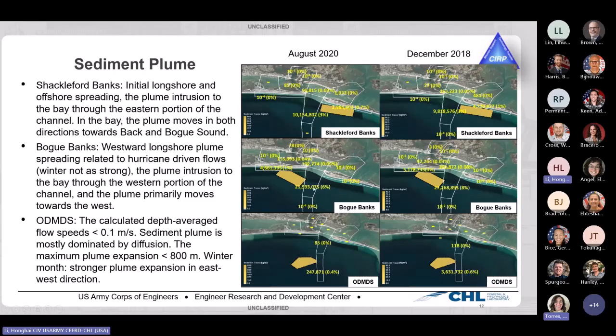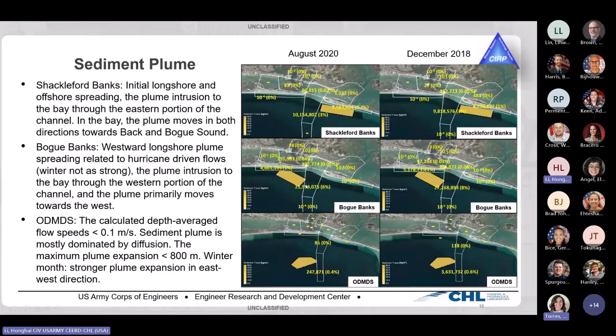And for the Google Bank, you see the offshore here corresponding to this placement site. There's 1% moving onshore because of longshore cross-shore transport, and 6% moving to the channel. So it's much more than this site released.